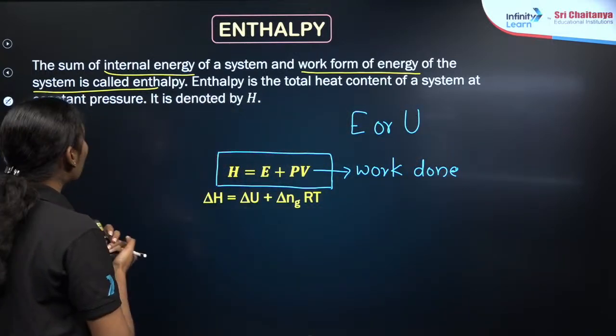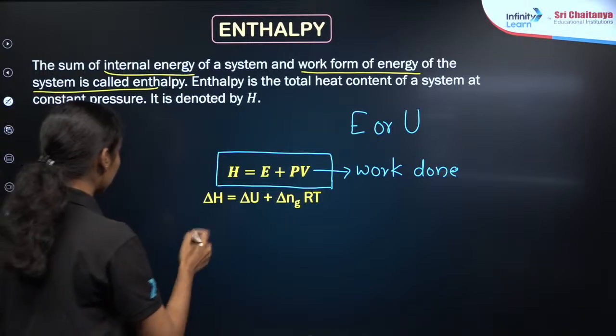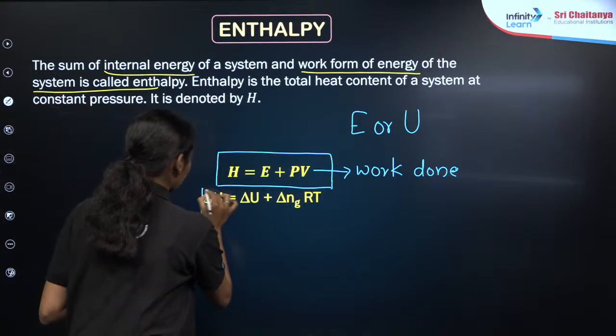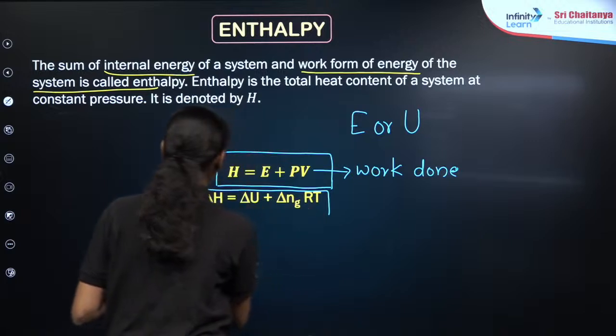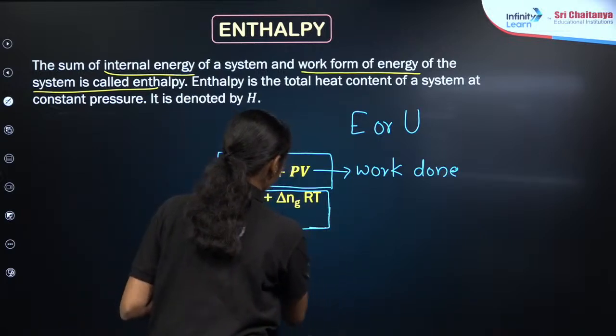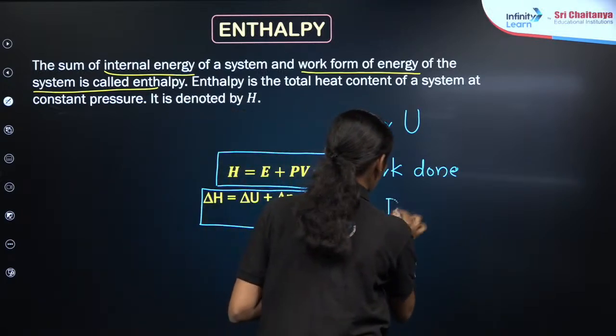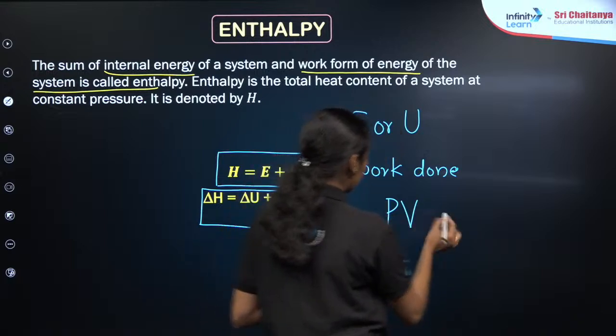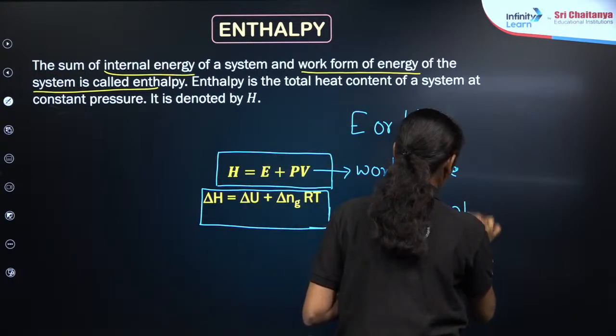One more important term you have to note while doing numerical problems, this formula is very important, right? I hope everyone is aware of the ideal gas equation, PV is equal to nRT.